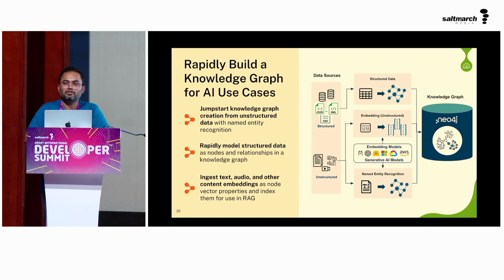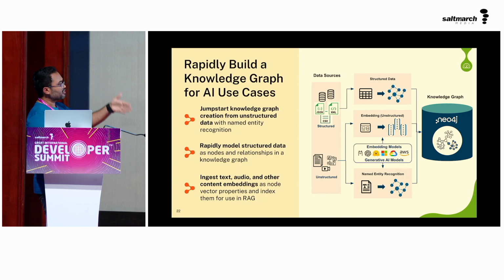One of the questions we get from multiple customers and users when they start building a knowledge graph is: how do they build a knowledge graph in the first place? Typically, to build the knowledge graph, you will have data in multiple sources. First, you will have structured data sources, be it relational DBs or data warehouses, where we have built some out-of-the-box ETL pipelines, as well as written some cool utilities where you can just import CSV files and build the knowledge graph without understanding the underlying constructs of Neo4j as a database.